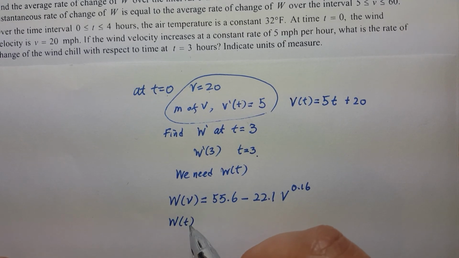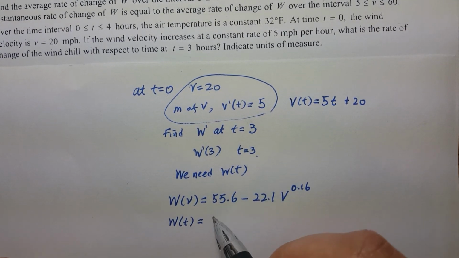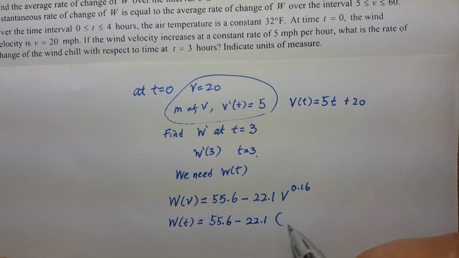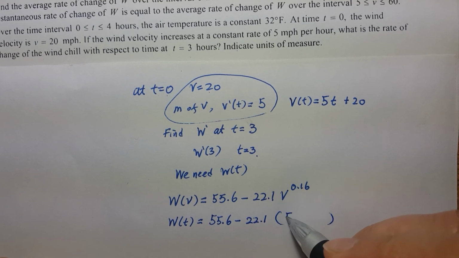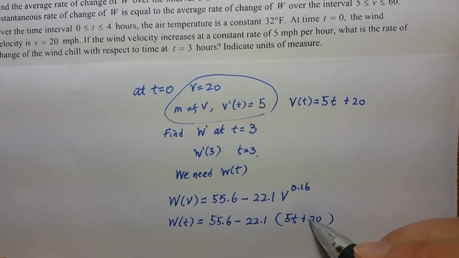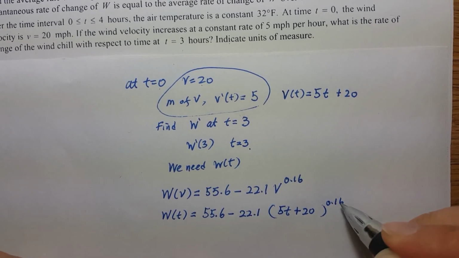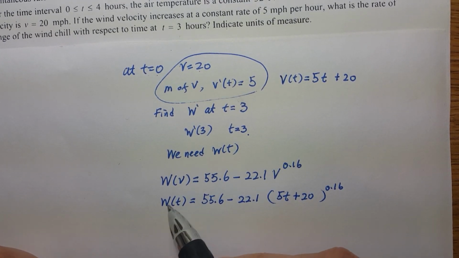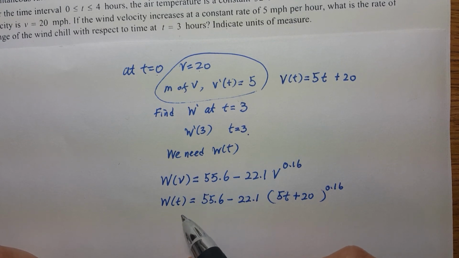So if I substitute V, V turned into 5T plus 20. Now I get W of T, a function of time. I just have to find the derivative of this and then replace T by 3.